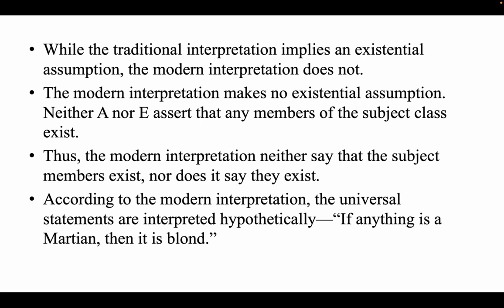So if anything is a Martian, if anything like Martians exist, the A-form statement says that all of them are blonde. And the E-form says that if anything is a Martian, no one, not even one of them, is blonde.